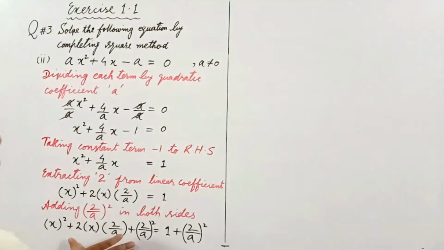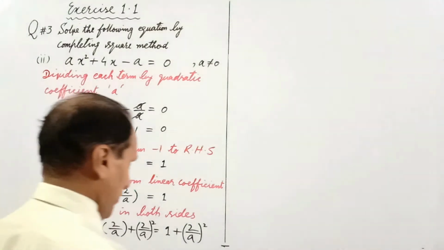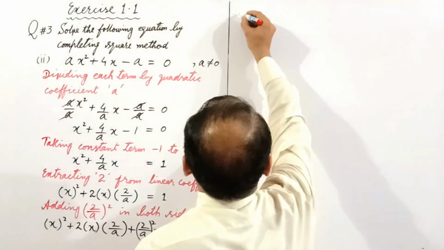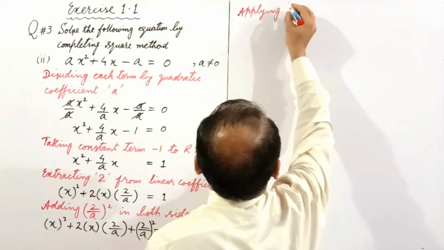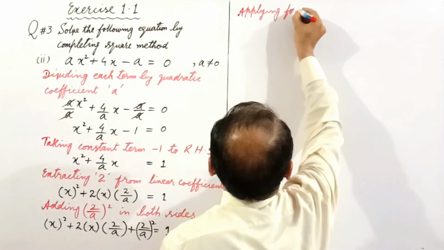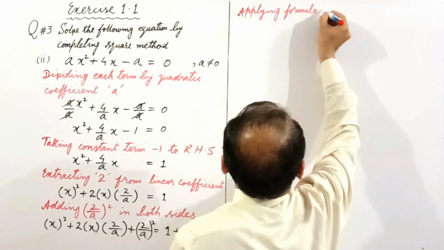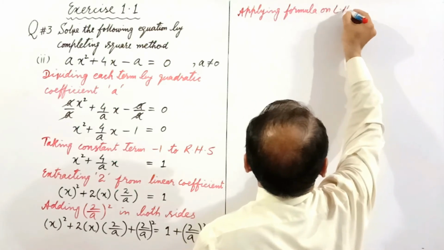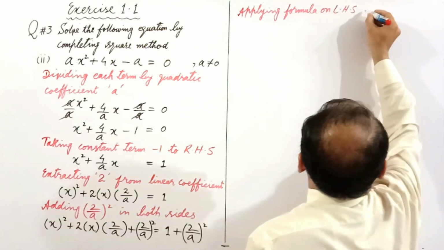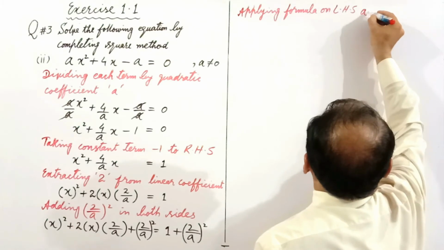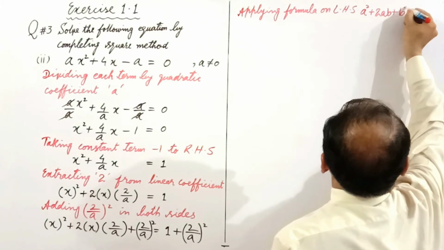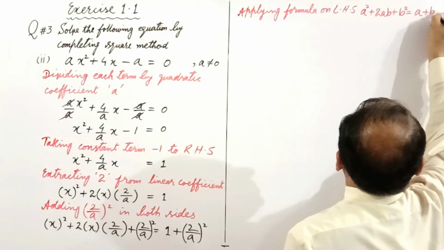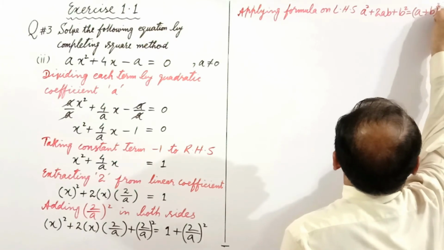To make the expression a perfect square on the left hand side, we apply the formula a square plus 2ab plus b square is equal to a plus b whole square.